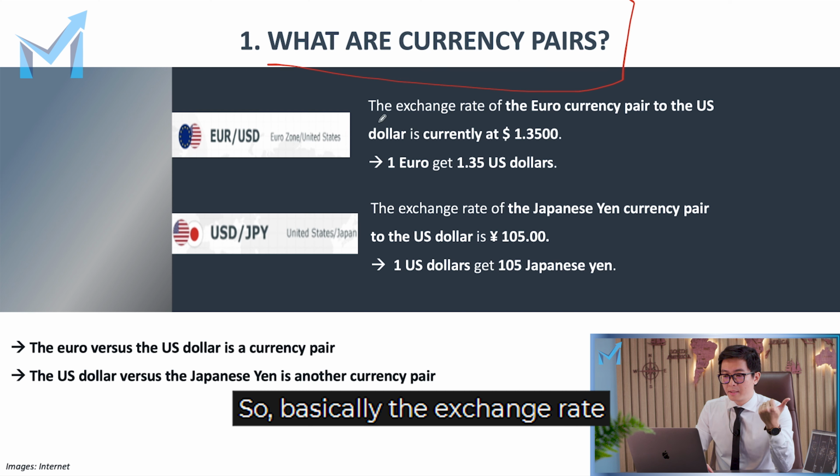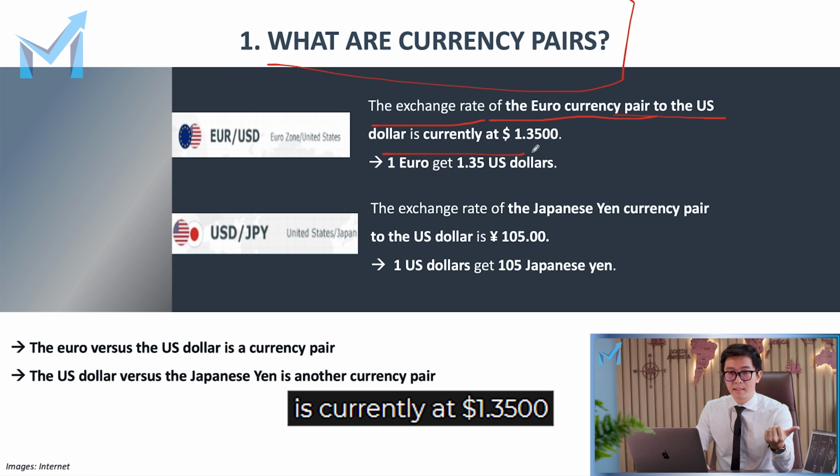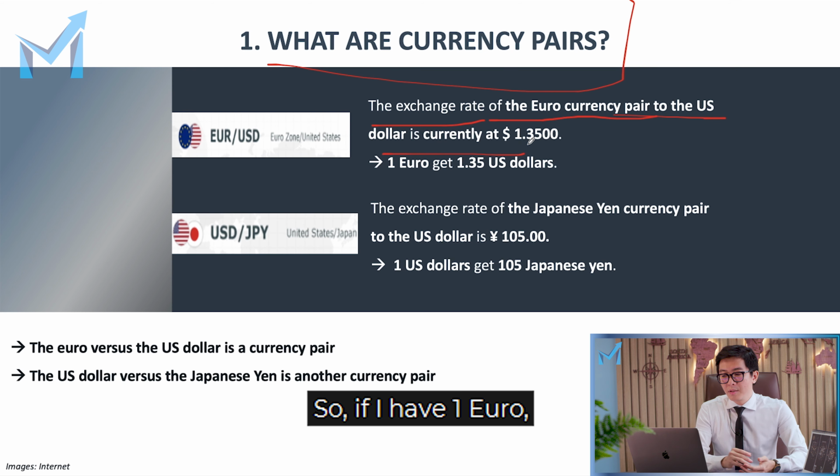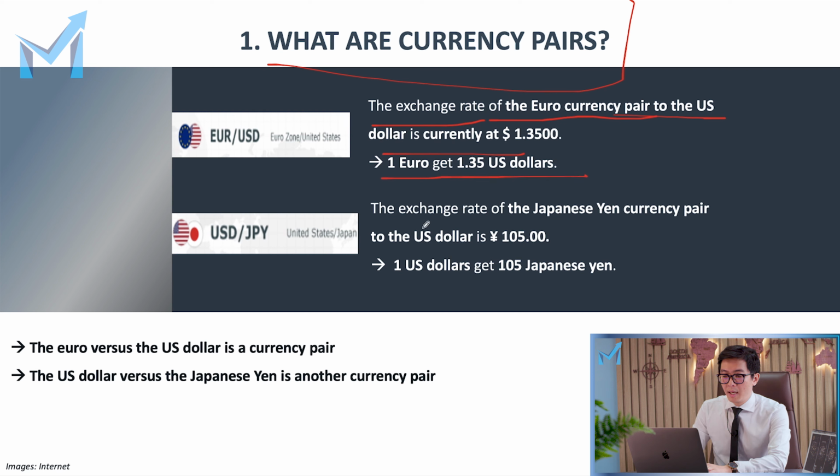So basically, the exchange rate of the euro to the US dollar is currently 1.3500. So if I have 1 euro, I will get 1.35 US dollars.